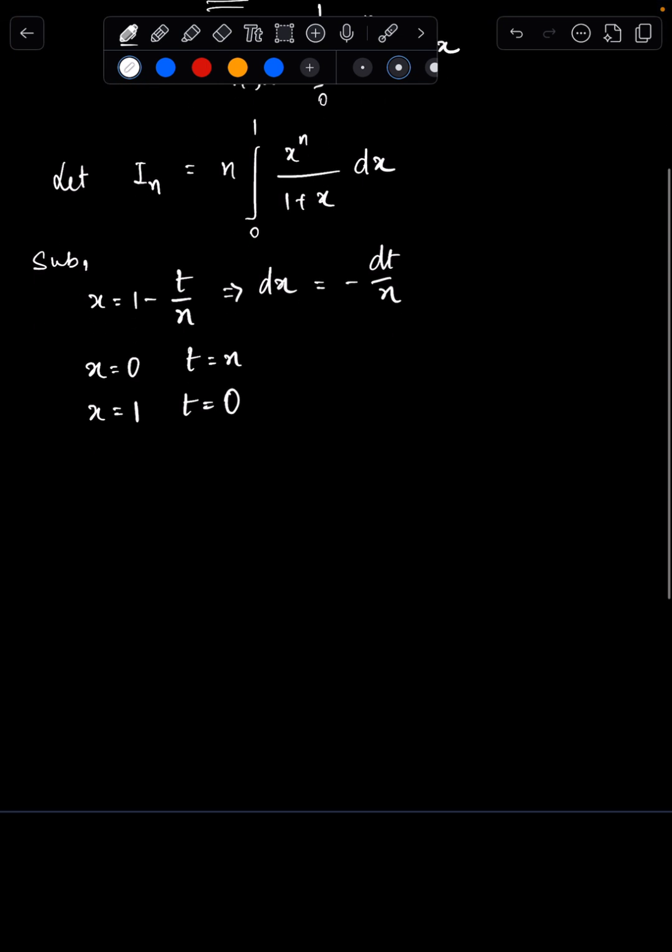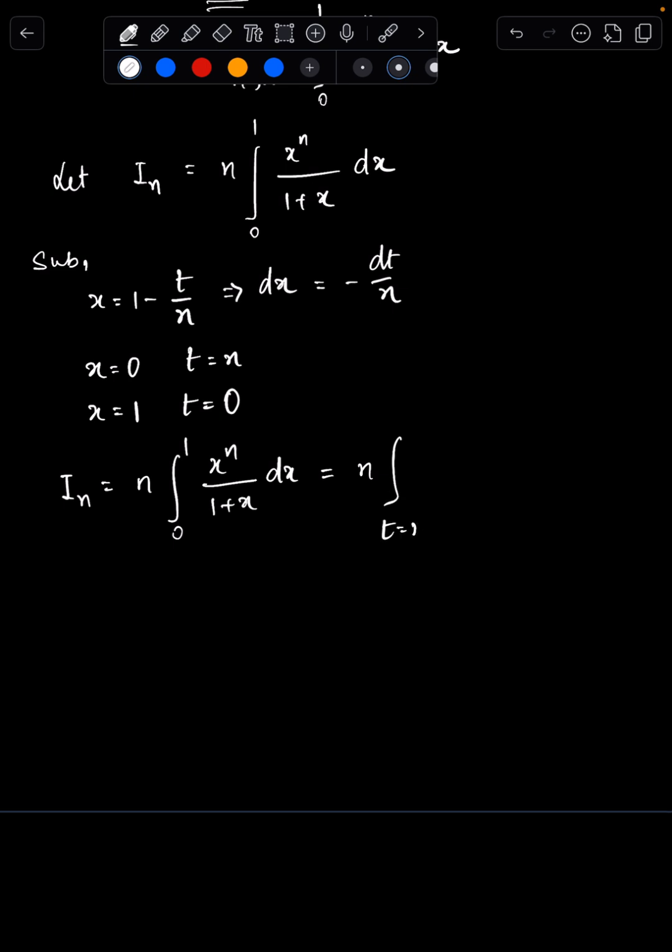So now my new integral: I_n was basically the integral from 0 to 1 of x^n / (1 + x) dx. Now this integral will change and become the integral over t from n to 0 of (1 - t/n)^n / (1 + 1 - t/n) dt/n, and there's a negative sign.